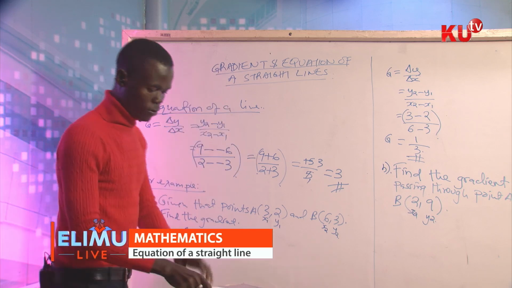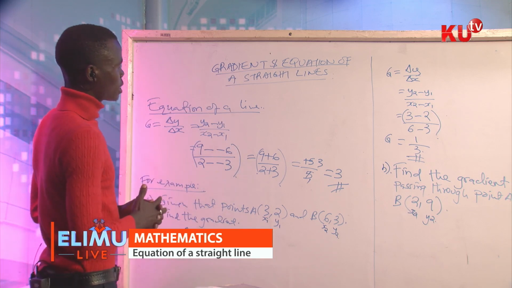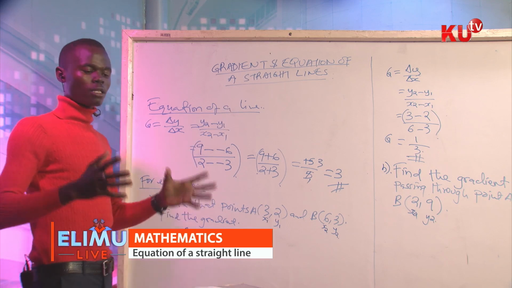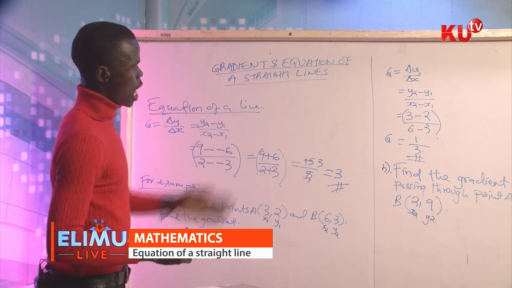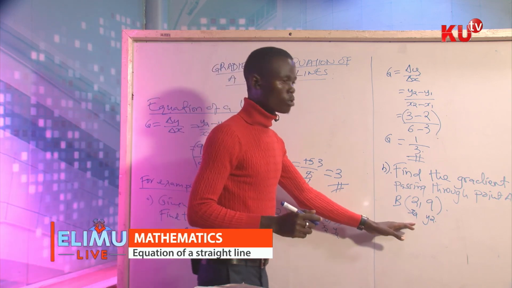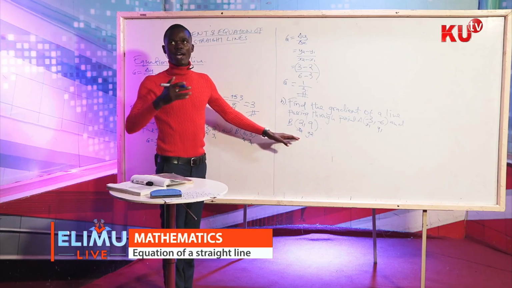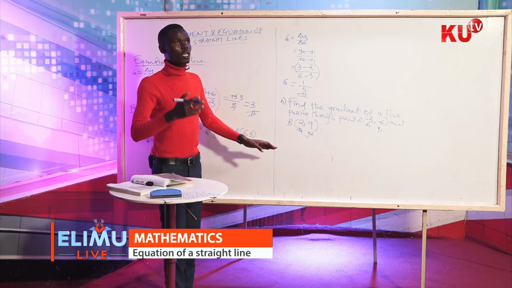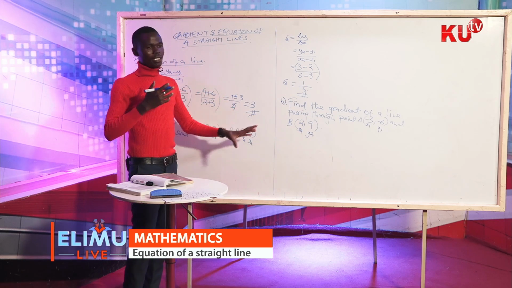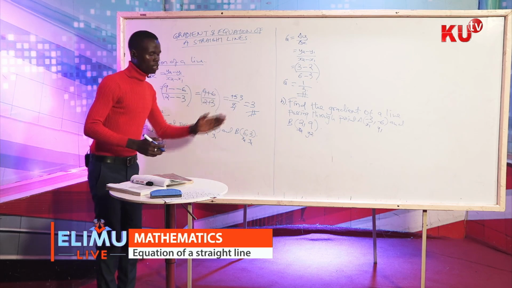Now, before we move to equation of a straight line, the basic concept under gradient is just identifying the points and knowing how to give them x1, y1. This one is a method which most teachers like. Why do we like it? Simply because it gives students an easy time to identify the x and the y.